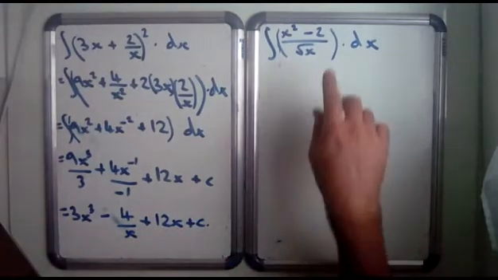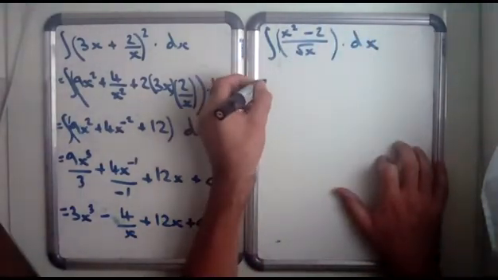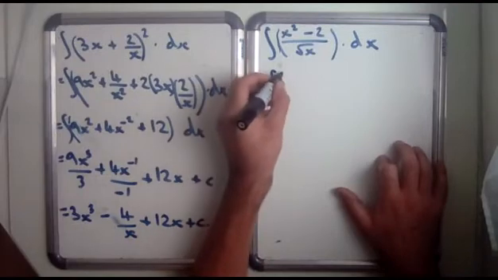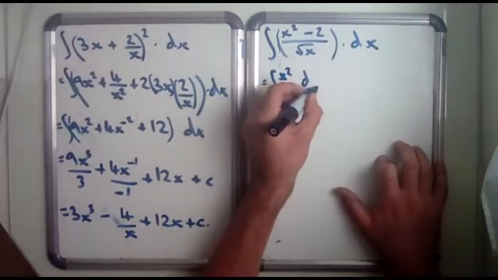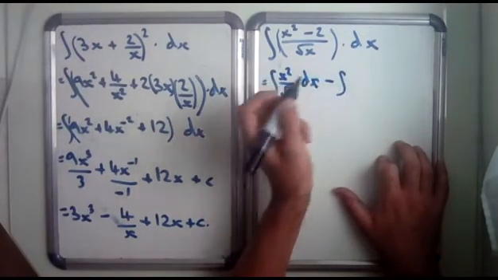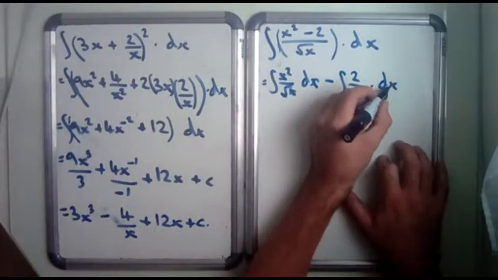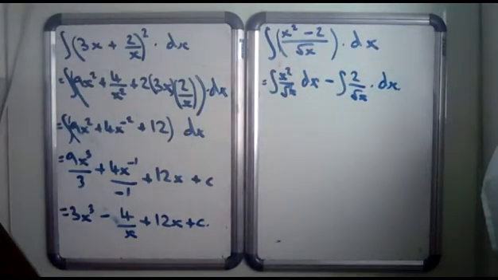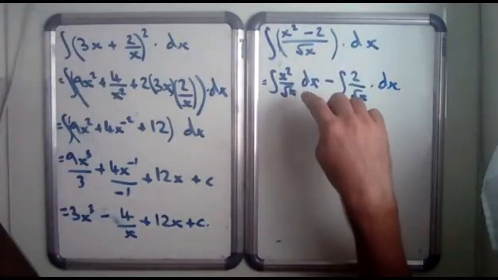What we're going to do on the right, we're going to treat this as two separate fractions, so we're going to split it up. So equals the integral of x squared over root x dx minus the integral of 2 over root x dx, just like that. So, well, this is x squared over x to the power half.